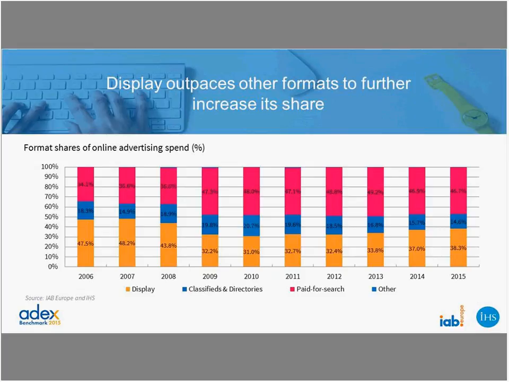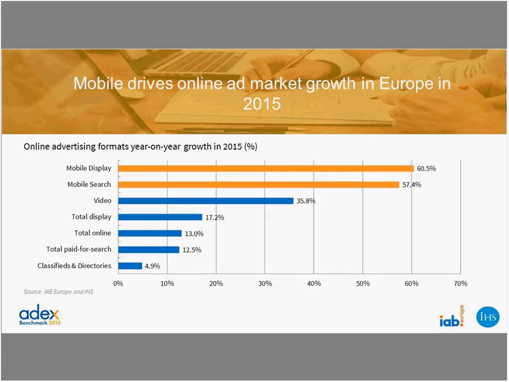If we look at shares of the different formats over time, we can see the rise of search around 2008 and 2009, when the first big recession occurred, and display was being squeezed here. Search as a performance-based medium was doing very well, but over time we see display slowly clawing back a large share of the market due to the factors that are outlined.